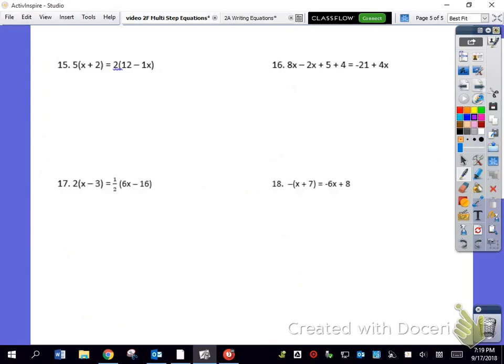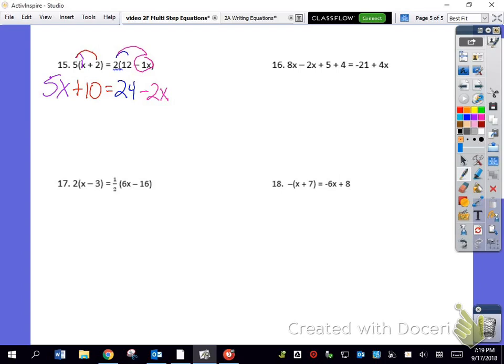Number 15. So I have parentheses on this side, so 5 times 1 is 5x. And then I also have 5 times 2, which is 10. Bring down your equal sign. I have 2 times 12, which is 24. And then I have 2 times negative 1, which is negative 2, and I have to bring down the x.